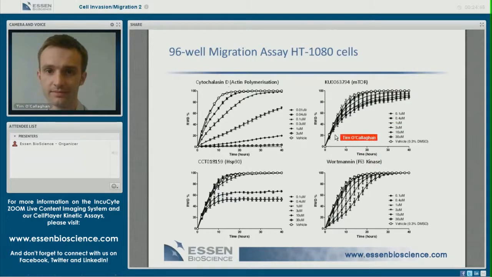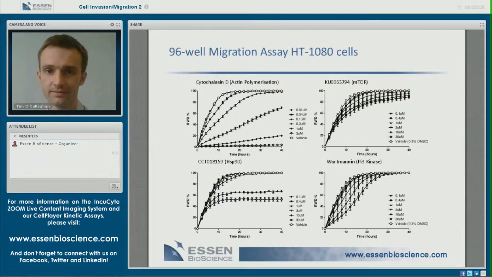However, for a kinetic analysis, we can provide extra confidence due to the repeated measurements. And these can be used to provide confidence that the observed differences are biologically significant.